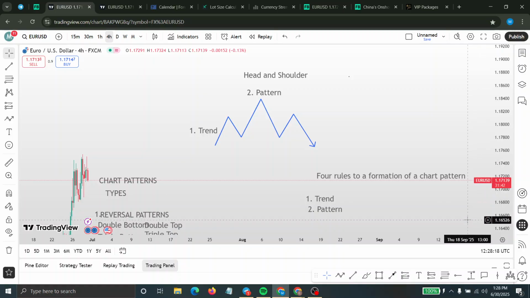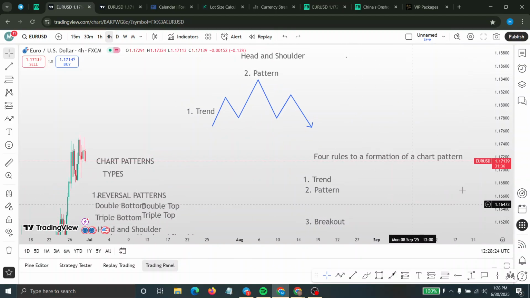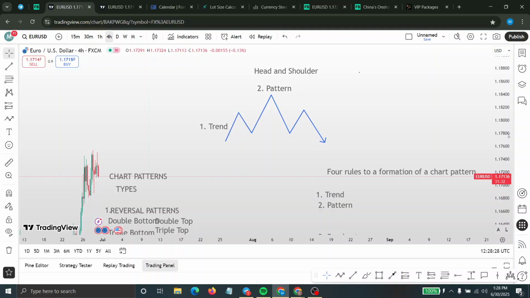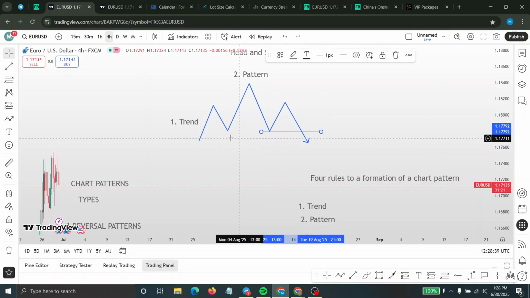So the third one on the list, what's the third one? A breakout. So now in this regard, where will be our breakout? Very, very simple. Our breakout would be that swing low that created that high. And where is the swing low? Here. And if you look closely, that swing low also equates to what created the equal lows, but we are not interested in that.